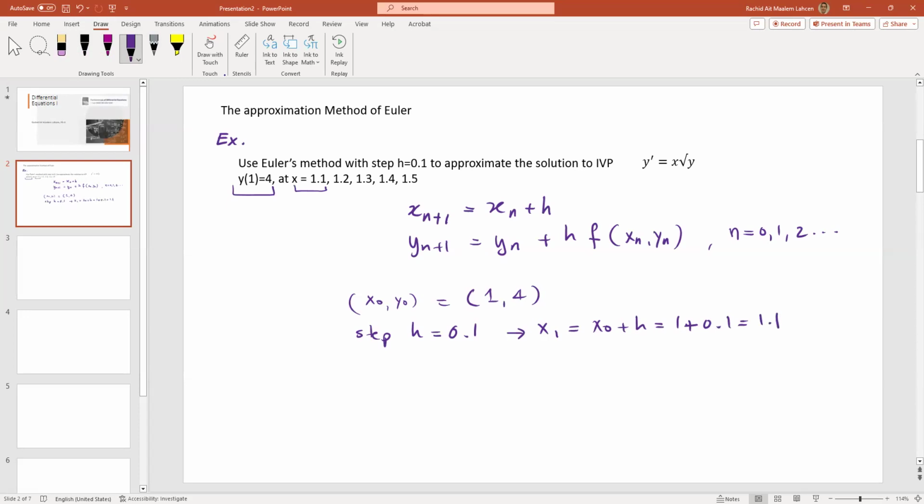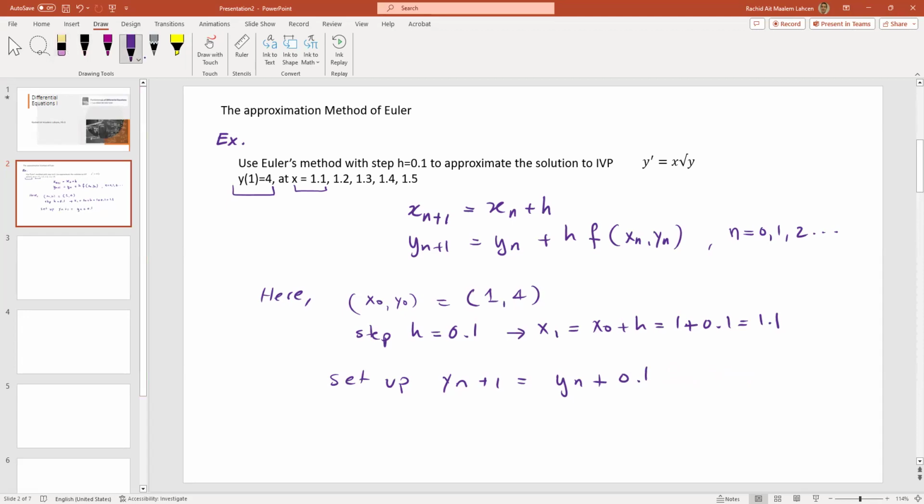Okay, so let's set up yn. So y(n+1) equal to yn plus the step 0.1 times f. Before plugging in numbers, let's leave it with n first.